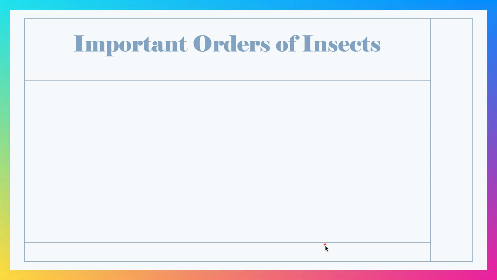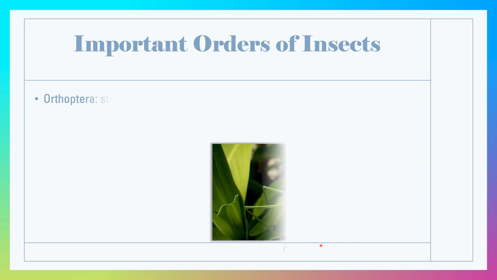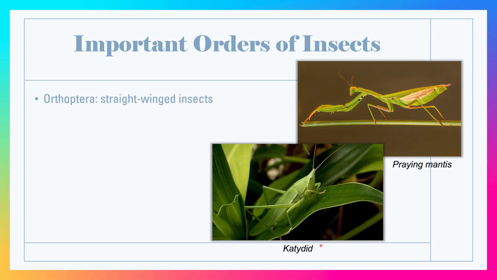We will start this second part of this lecture on arthropods going through the important orders of insects. These are generally differentiated by their types of wings. The first is called Orthoptera. If you see the word ortho, think straight or proper, but straight is probably the best way to look at it.